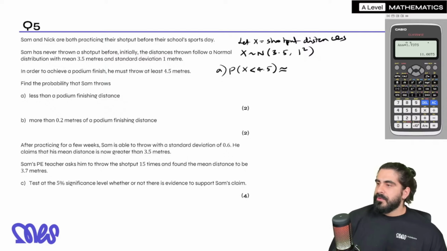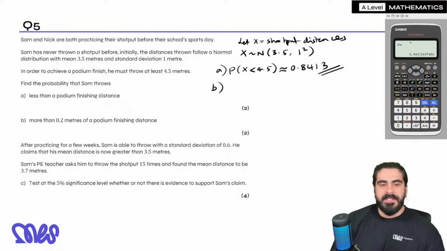All right, let's see what that probability is. Menu 7, normal CD. The lower is some negative. Upper, 4.5. Sigma 1. And we have mu is 3.5. 0.8413.